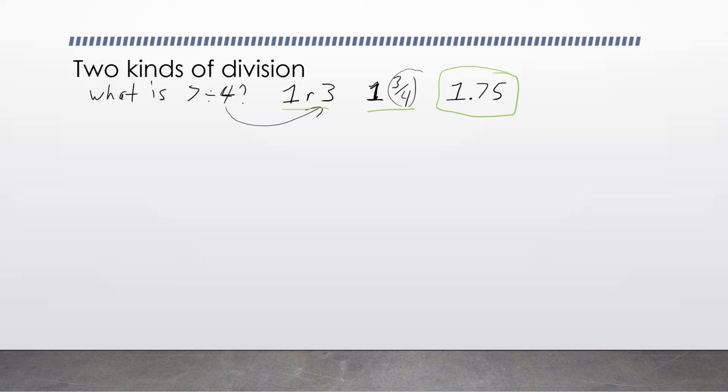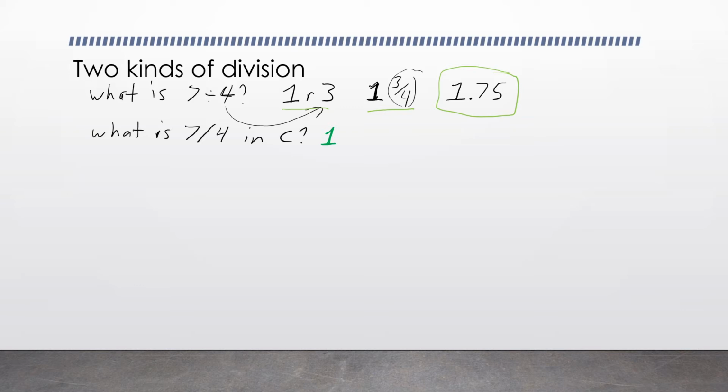And it's important to keep that in mind when you ask the next question: what is 7/4 in C, or C++, or C# or Java, or any of these languages? The answer may surprise you. The answer is 1. Not 1 remainder 3, not 1.75, just 1.